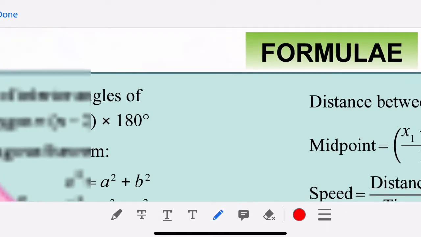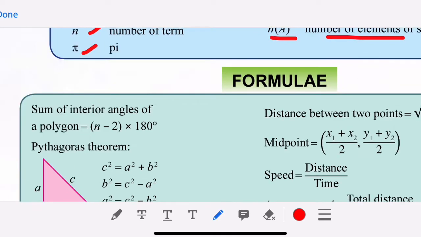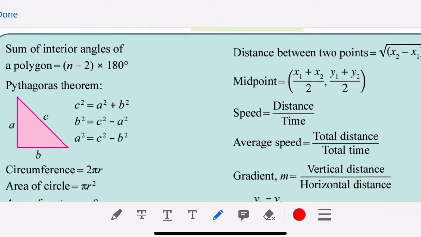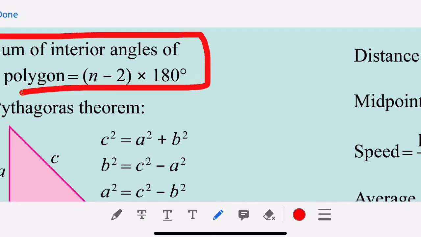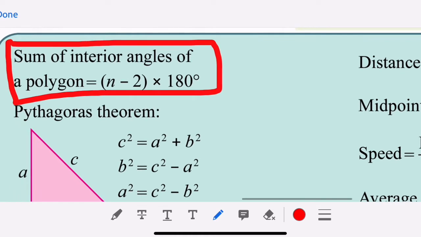Right? So let's go through all the important formulae for Form 2. Sum of interior angle of a polygon is n minus 2 times 180 degrees.